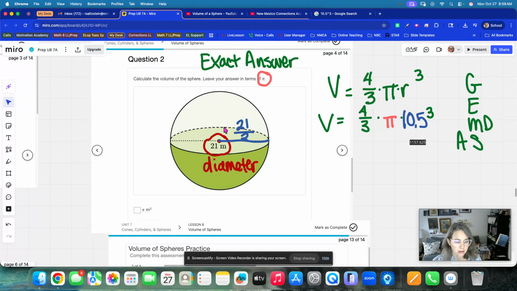And then this is going to be times pi and then also times 4/3. So I'm going to go ahead and write pi in front. Multiplying, you can multiply in any order you want. And then times 4/3 times this. And this is what I'm going to do next.